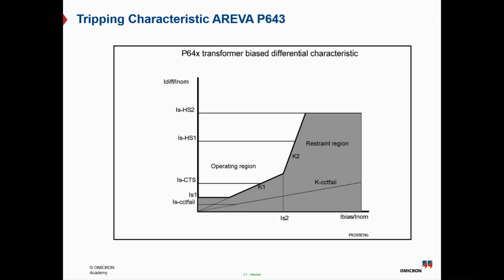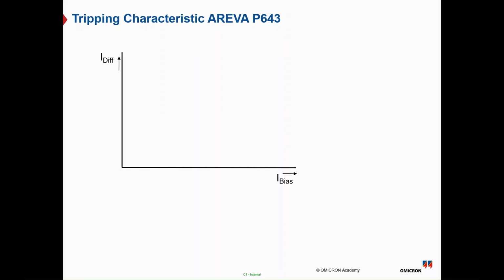And we have also the high set value, which can be represented in the relay parameter settings. And we will see how to test all these parameters inside the Test Universe software. So the tripping characteristic for the GE B643, we can take step by step.